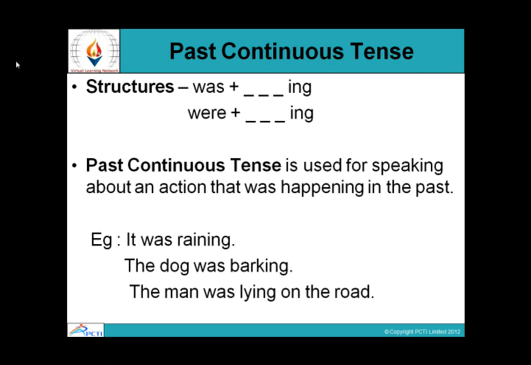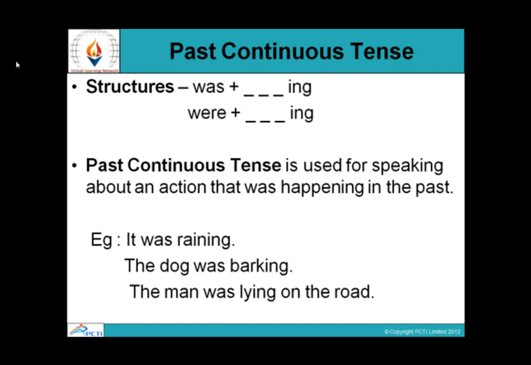Examples: it was raining. At that particular point of time in the past, it was raining. The dog was barking. At that particular time, the dog was barking. The man was lying on the road.